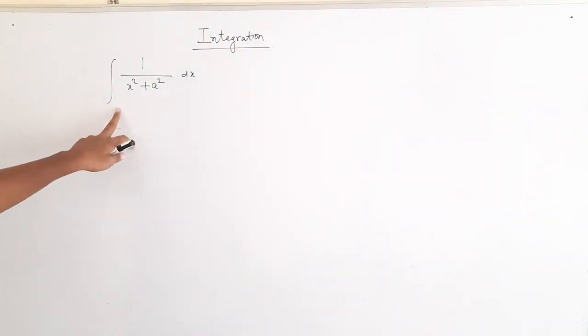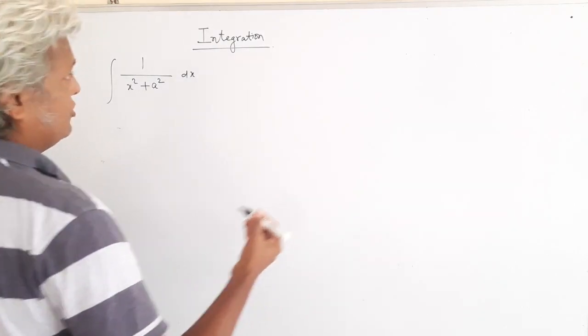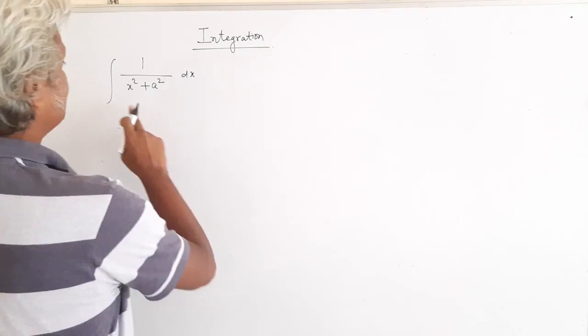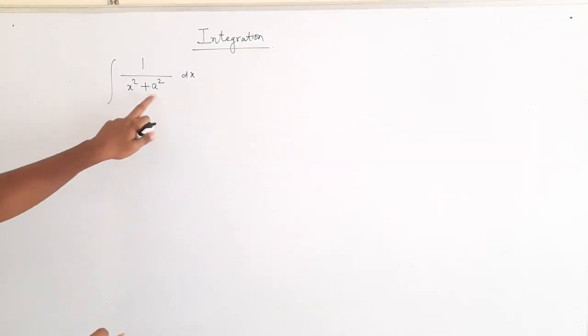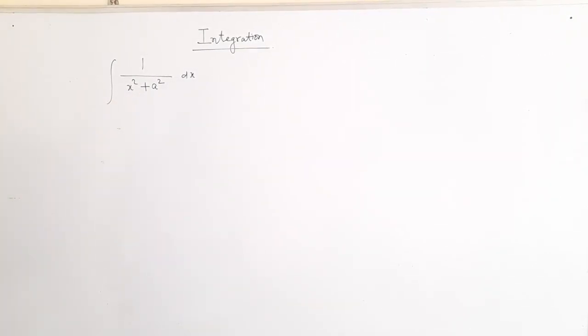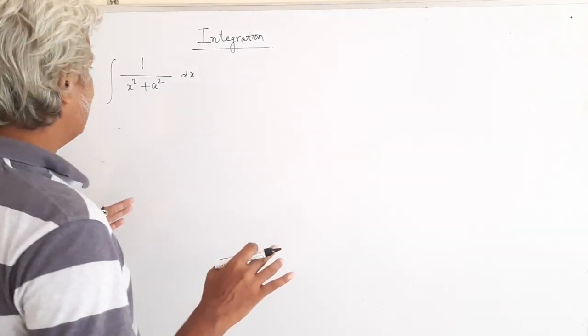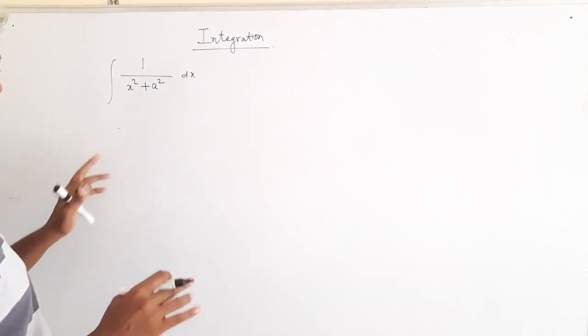Now we have to find the integral of 1 over x square plus a square. Then we will use the method of substitution, and what should be the proper substitution? If you look at the form, it's x square plus a square, and you know that in trigonometry there is a formula 1 plus tan square theta is sec square theta.